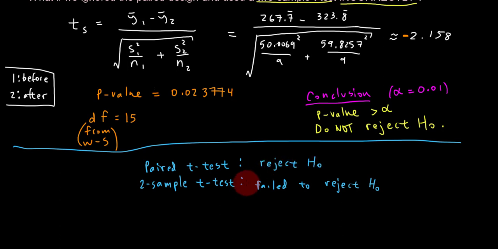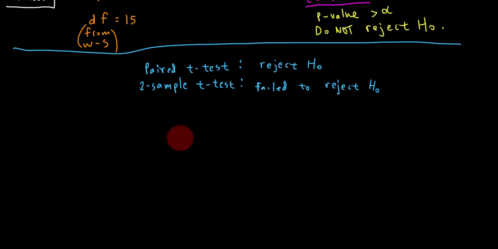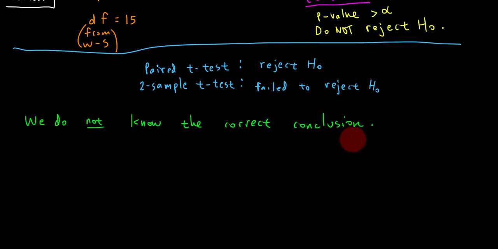The big picture of hypothesis testing, remember, is that we don't ever really know what the correct conclusion is, because we're basing these conclusions on sample data, and we are inferring to populations based on sample data. So there's always a chance of making an error. Now, if you had to place a bet, which conclusion would you bet on?